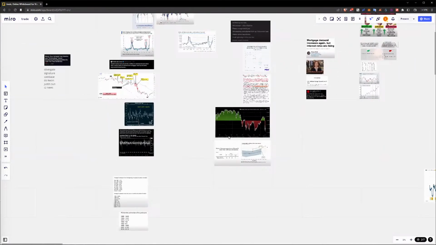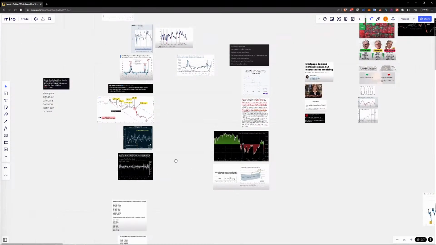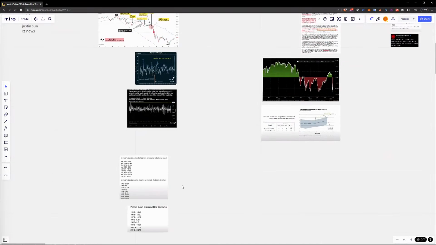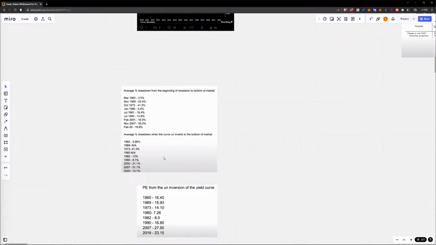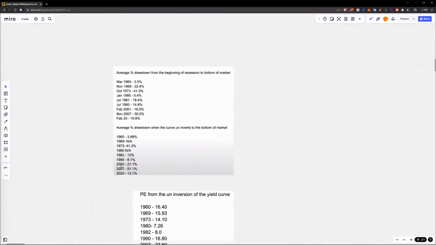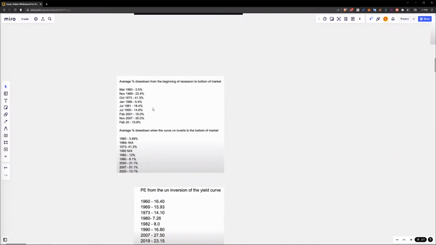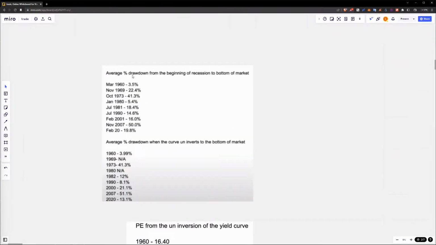There's a huge risk in terms of portfolio management, and also for this crisis and its drawdowns. Why do we focus on 2000 and 2008? This is the average percentage drawdown from the beginning of the recession to the bottom of the market, and this is the average percentage drawdown when the curve uninverts.